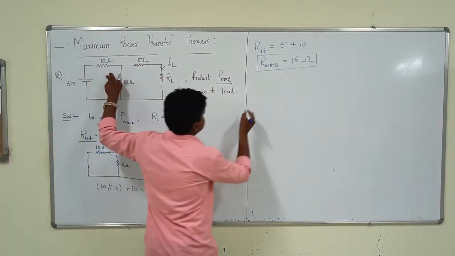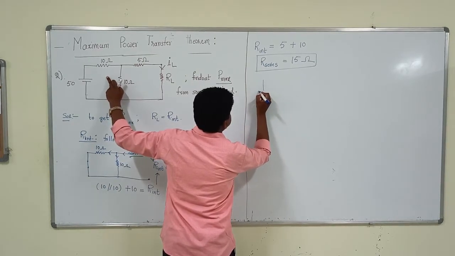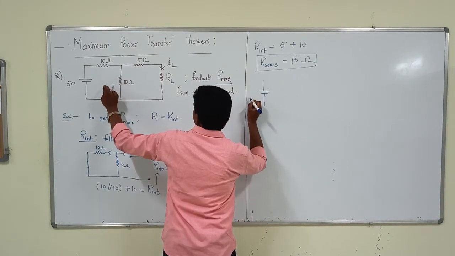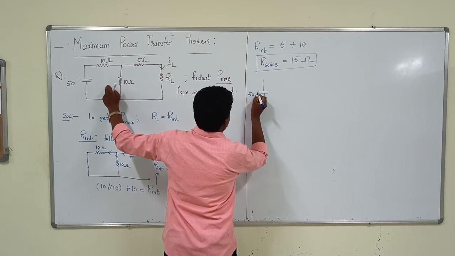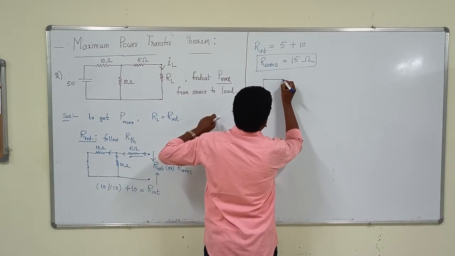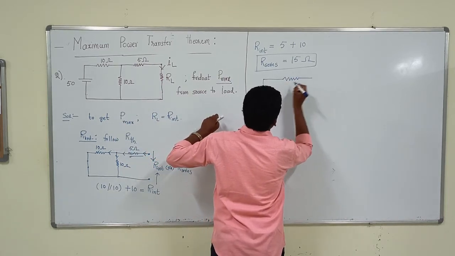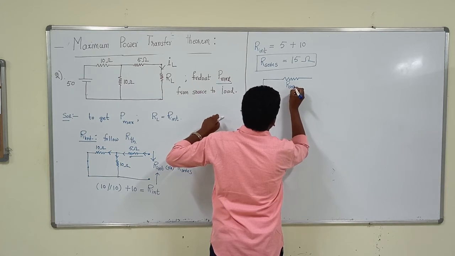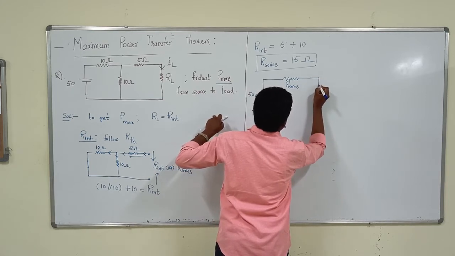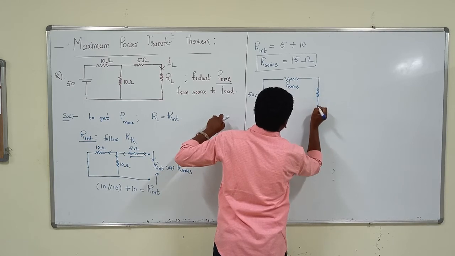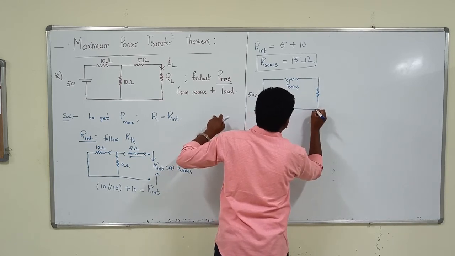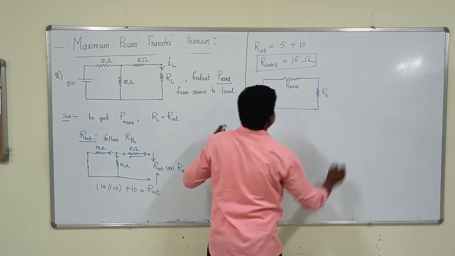The circuit is like this. The 50 volt source is there, and we have the series internal resistance of 15 ohms with the load resistance RL.